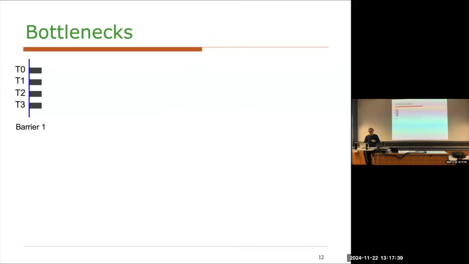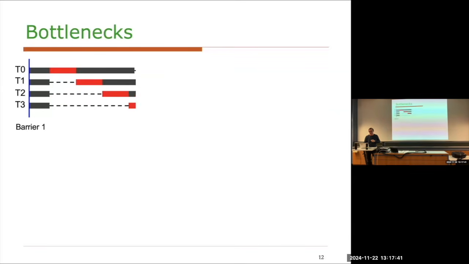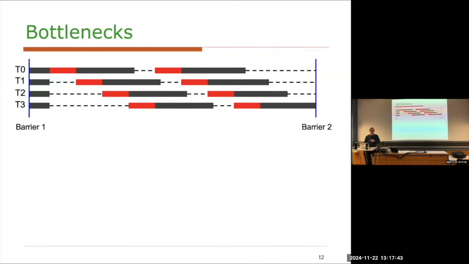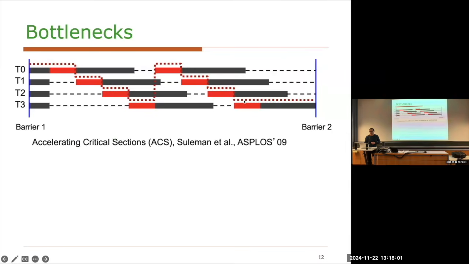So we were talking about bottlenecks, right? This is a parallel program. A parallel program may look like this. In between barriers, you may have different critical sections that look like this. The red parts are critical sections. This is one type of program. You don't have to have barriers also, of course. But here the critical path goes through the critical sections, as you can see.